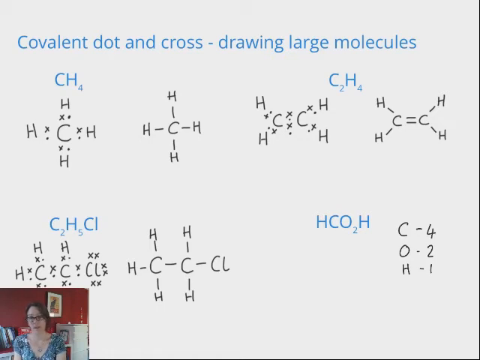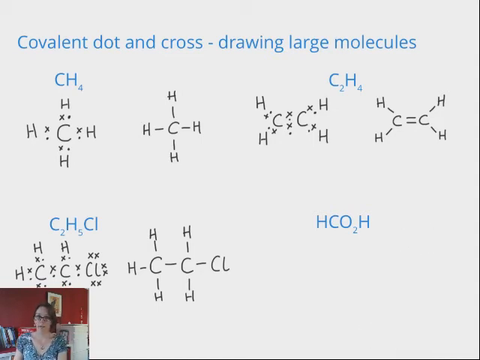And I can't have 2 COH's because then there wouldn't be enough bonds for the other oxygen. So basically it means there's a combination of a COH, a C double bond O and a CH. Once I've done that, my carbon has 4 bonds, each oxygen has 2 and each hydrogen has 1.